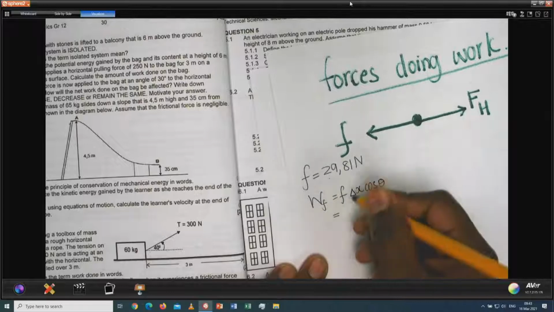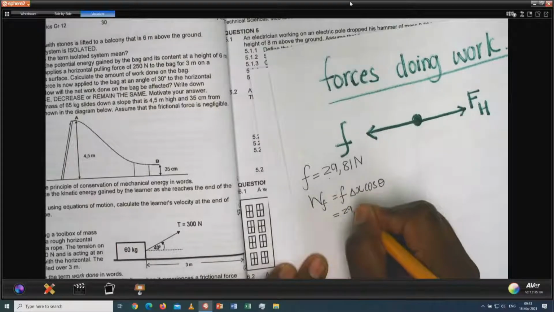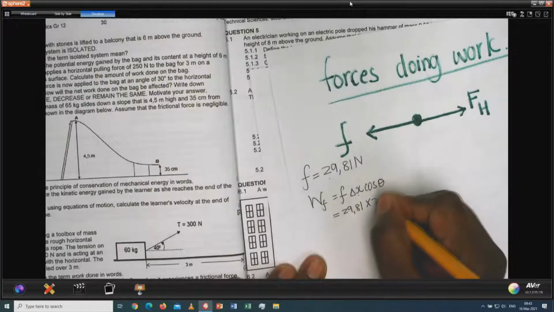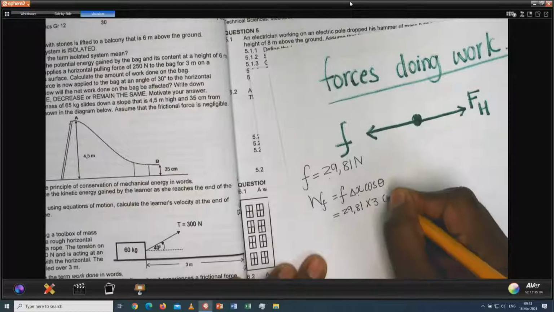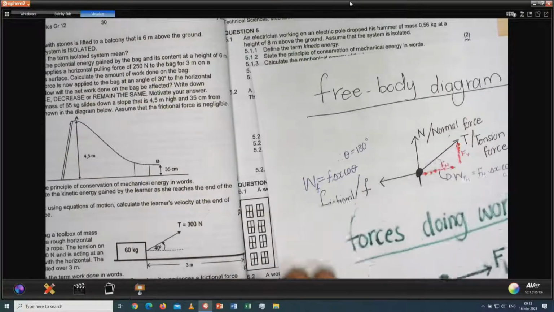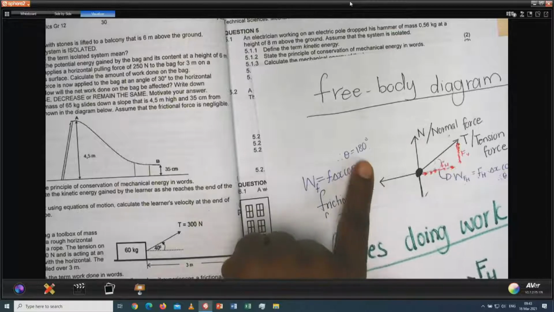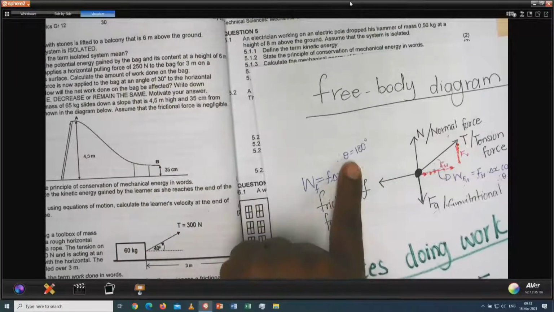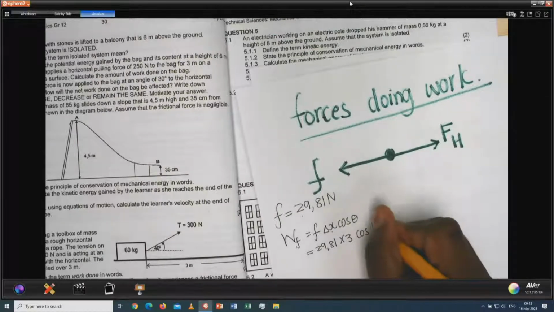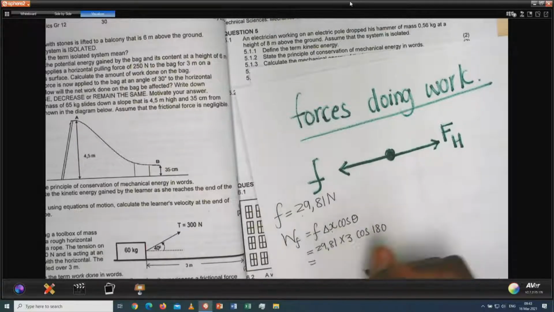Then you say my frictional force is 29.81 multiplied by my delta x, which is 3, and then cos. Again, remember we said this force is anti-parallel, therefore the angle theta is equal to 180 degrees.